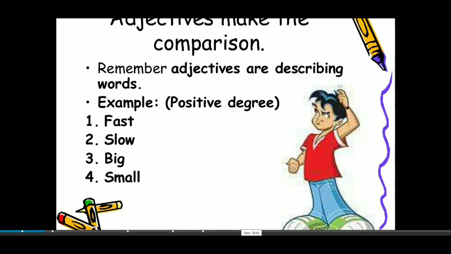This is called the positive degree, where it is just speaking as it is. Positive degree of comparison means adjectives in the normal form. Fast is the normal form of an adjective. Slow is a normal form. Big, it is. When we use an adjective in its original form, it is called the positive degree.